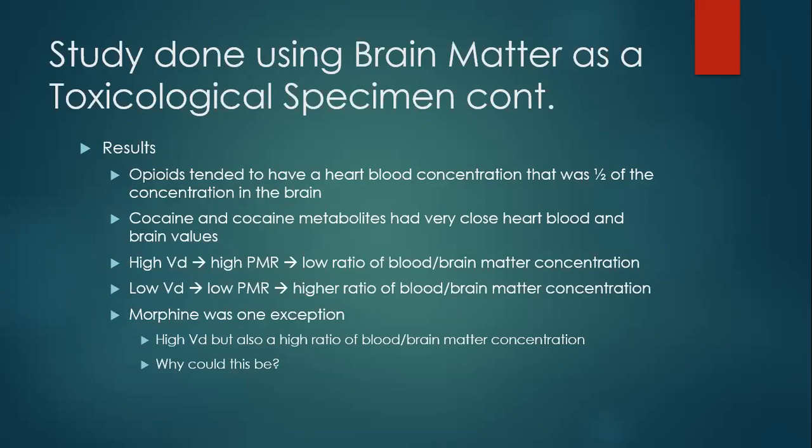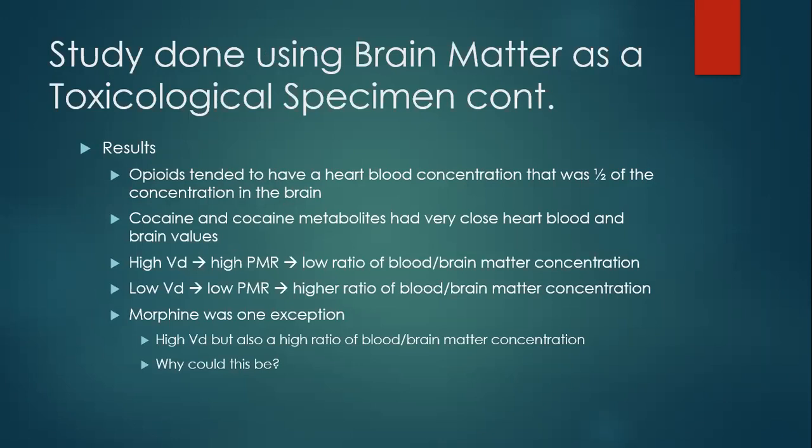The key results of this experiment included that opioids tended to have a heart blood concentration that was 1/2 of the concentration within the brain. Cocaine and cocaine metabolites had very similar heart blood and brain concentration values.